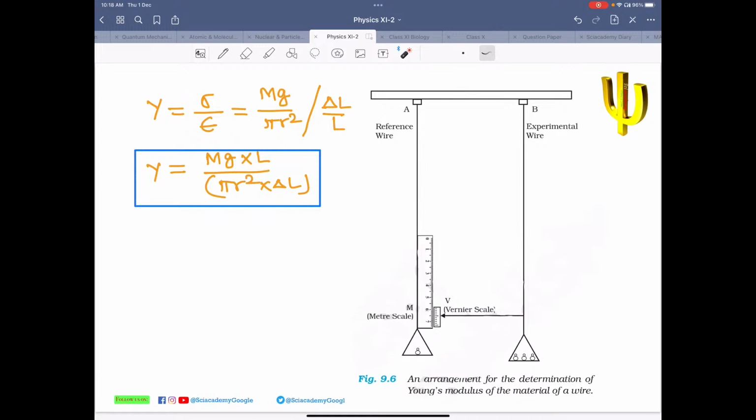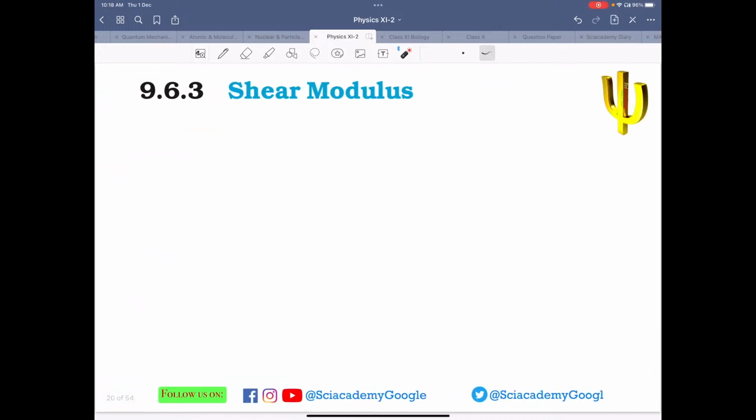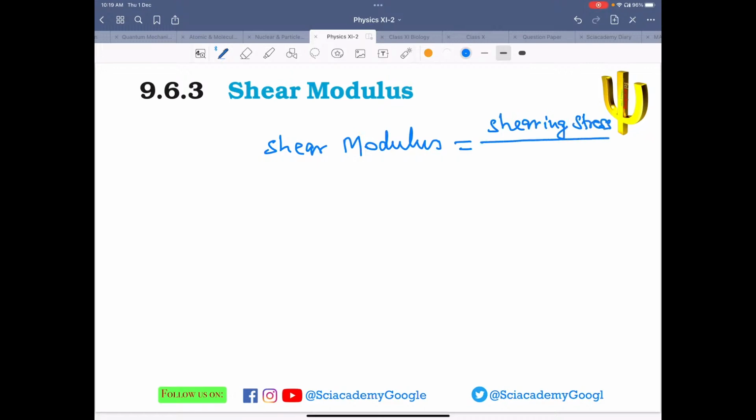Now we will discuss the shear modulus. What is shear modulus? So shear modulus is also a ratio, and it is defined as the ratio of shearing stress divided by the shearing strain.